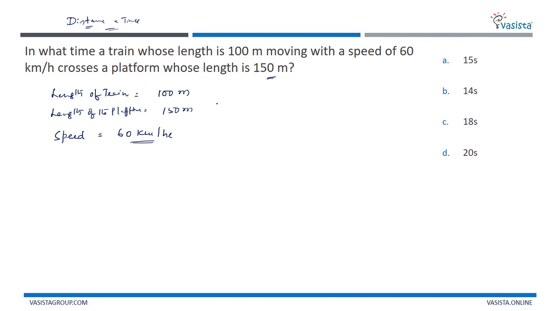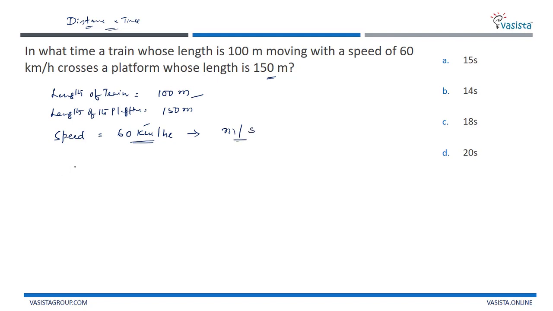Now by observing this, you can check there is a difference in units. They have given meter, and this is in terms of kilometer per hour. So we need to convert this into meter per second, right?